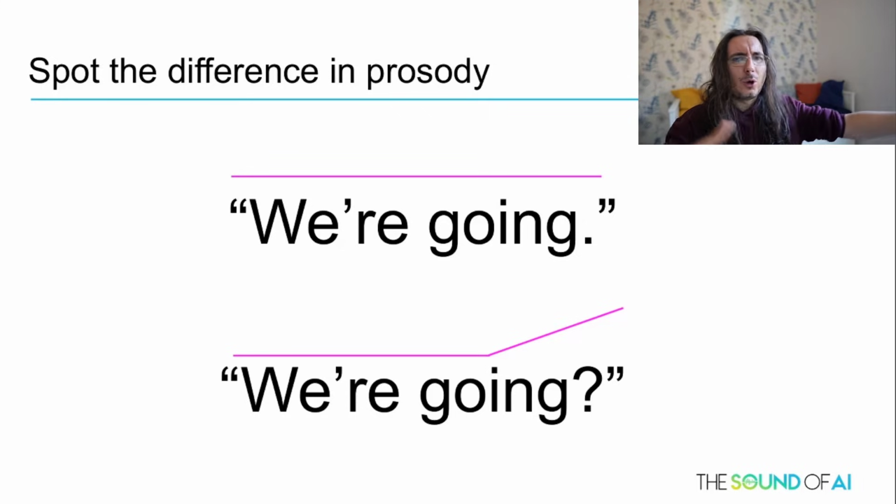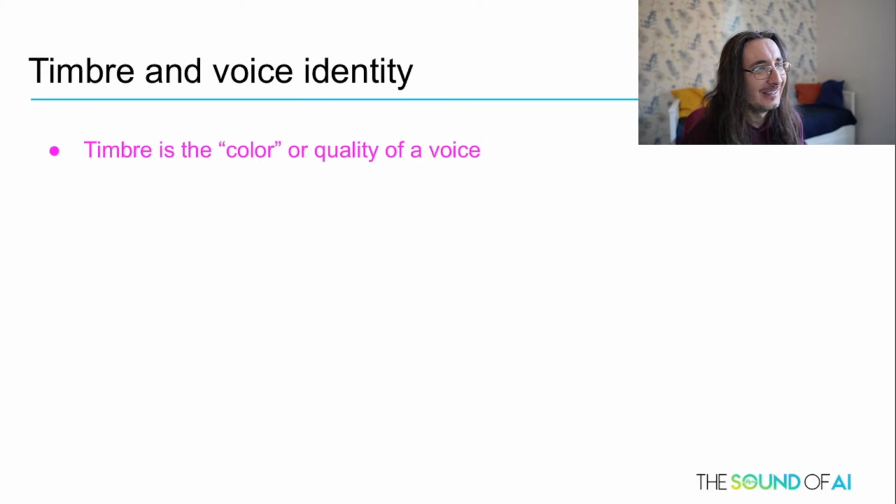I say, yeah, we are going in a neutral manner. I'm affirming that. No, it's a question. So prosody can carry also meaning. And that's why it's extremely important to have prosody injected into speech synthesis, because otherwise it's going to sound super flat and robotic because I don't have any prosody in it, okay?